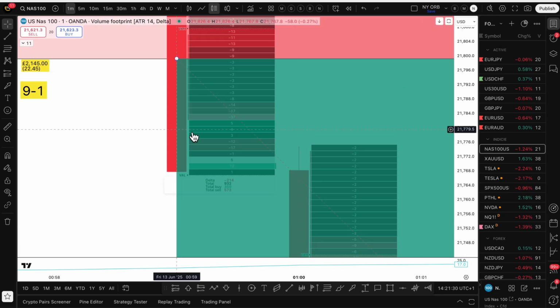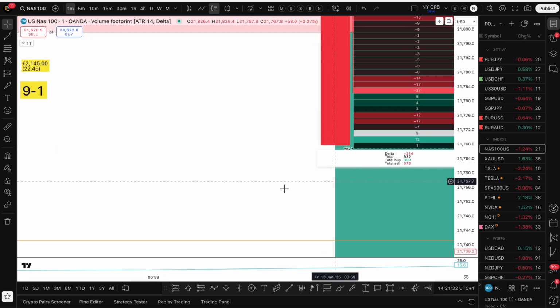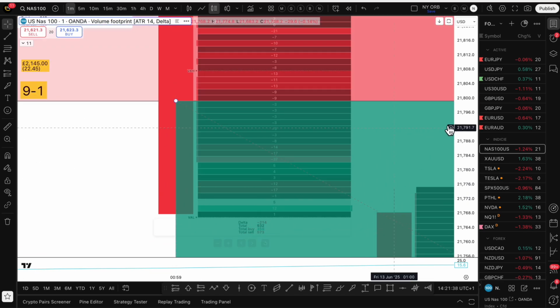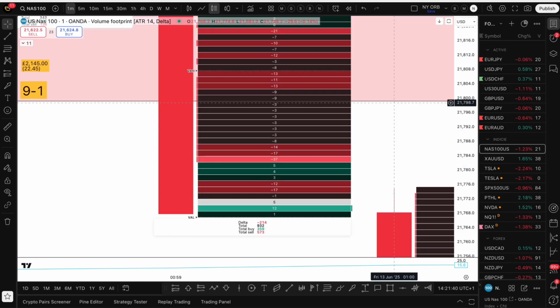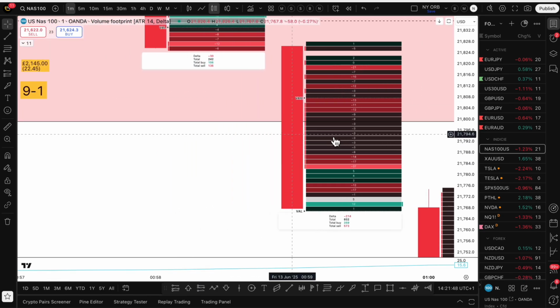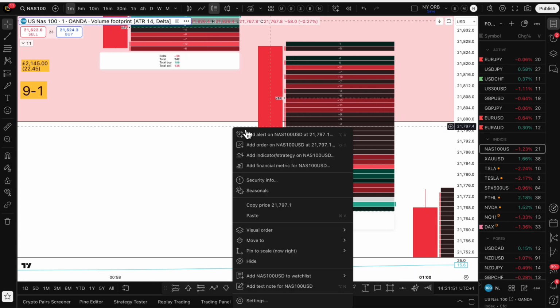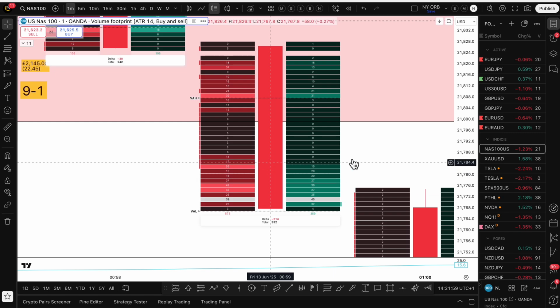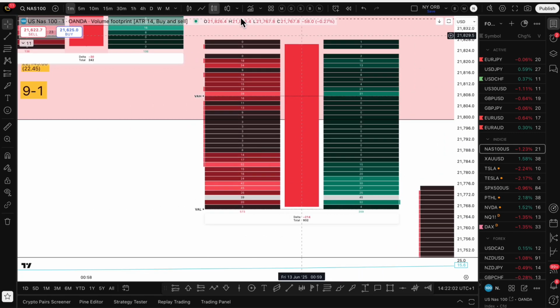So just to explain what's happening here, again there's a detailed video on this. So this is a delta. We'll just delete this here just now. This is basically showing us the buyers and sellers that's behind this candle. If we were to right click and go to settings, symbol, and we changed our delta to buy sell, it will show you all the sellers on the left and all the buyers on the right.